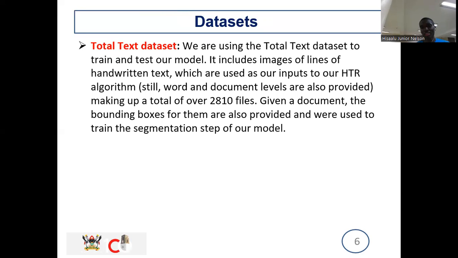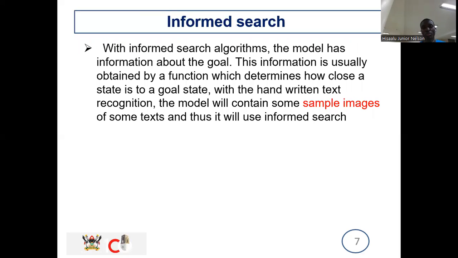It has over 2,810 files. Given a document, the bounding boxes for them are also provided and were used to train the segmentation step of our model. This is just a simple description obtained from my Kaggle account of that Total Text data set.